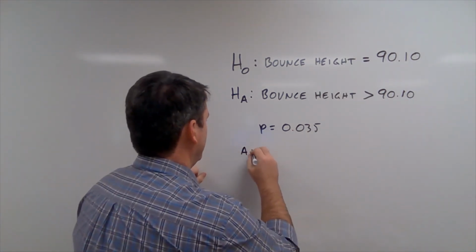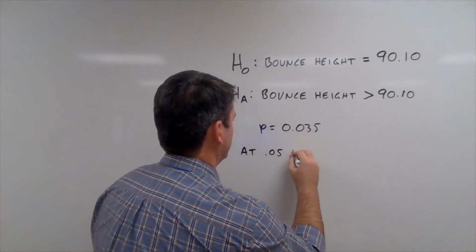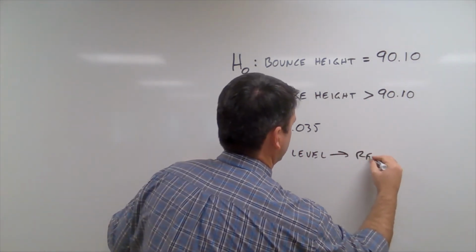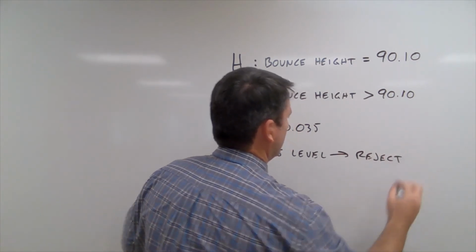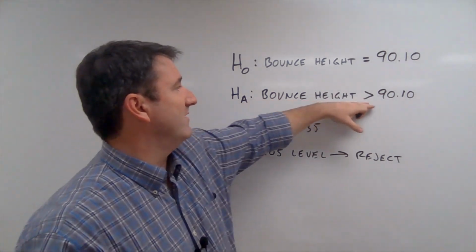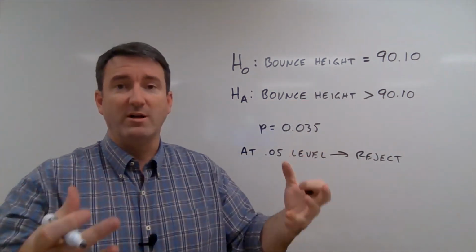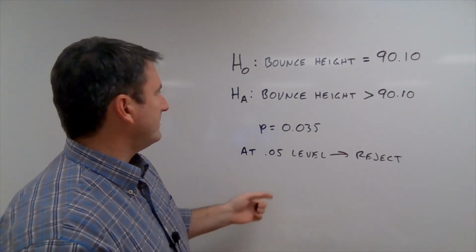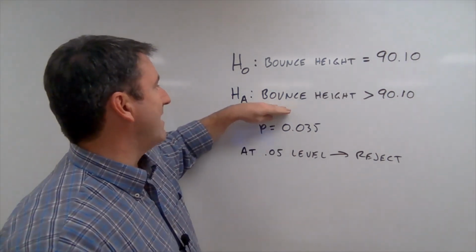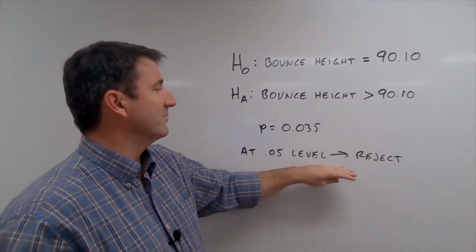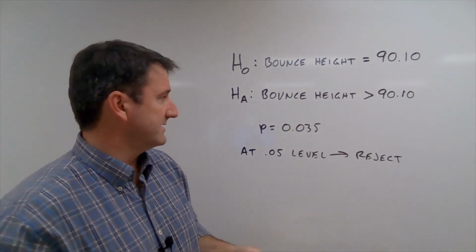So at the 0.05 level, we're going to reject the null hypothesis. And again, this is a good thing. That means that we've shown that these balls bounce higher than the normal ball. So we're establishing our alternative hypothesis by rejecting our null hypothesis.